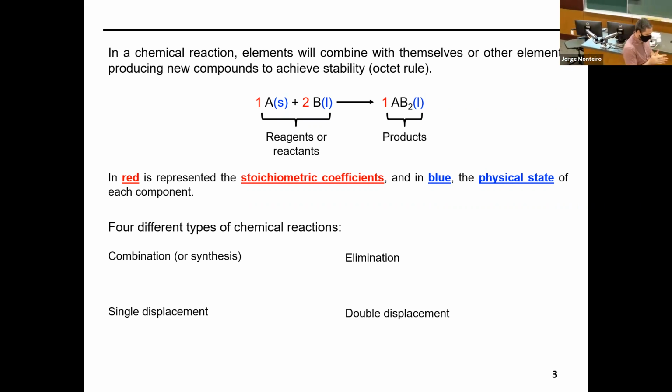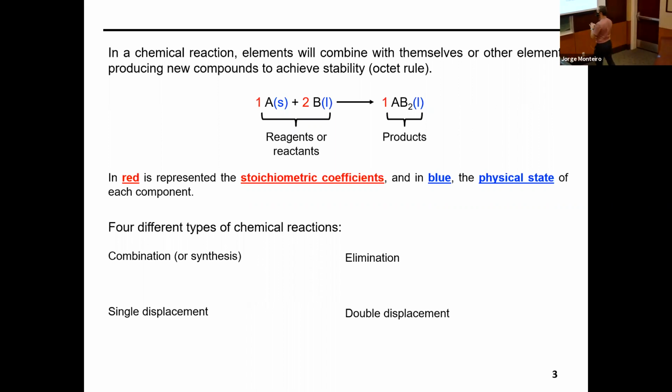Okay, so for today, our goal is to continue what we started on Monday. Chapter number 3 is basically stoichiometry, and the goal is to predict amounts that are going to be produced or needed in a reaction. The last thing we talked about last time was the different types of chemical reactions.